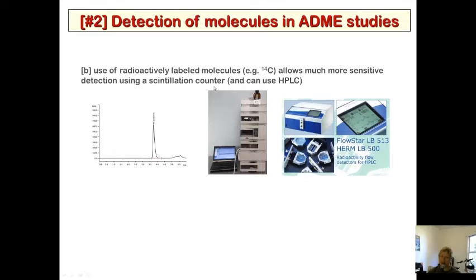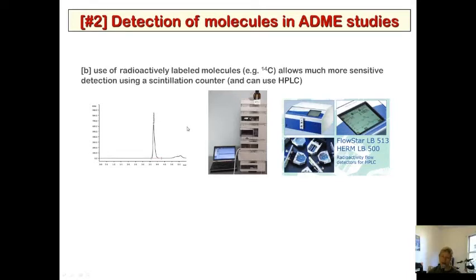It basically detects the radioactive decaying particles. If you saw that movie Chernobyl with the people walking around detecting radioactivity, those are all scintillation counters. But we can also do that as part of an HPLC machine.